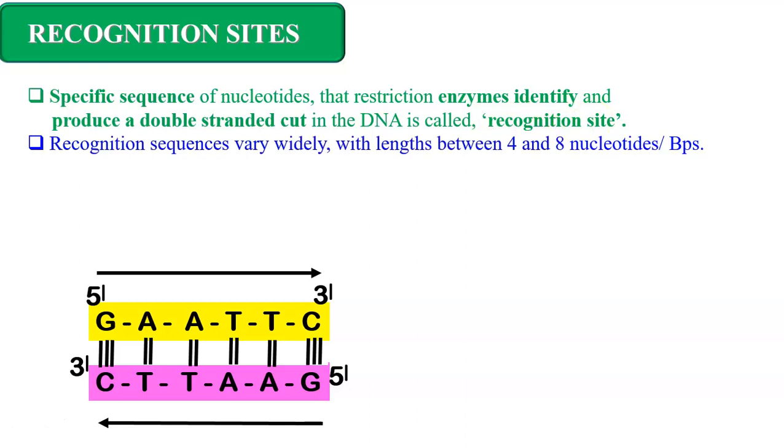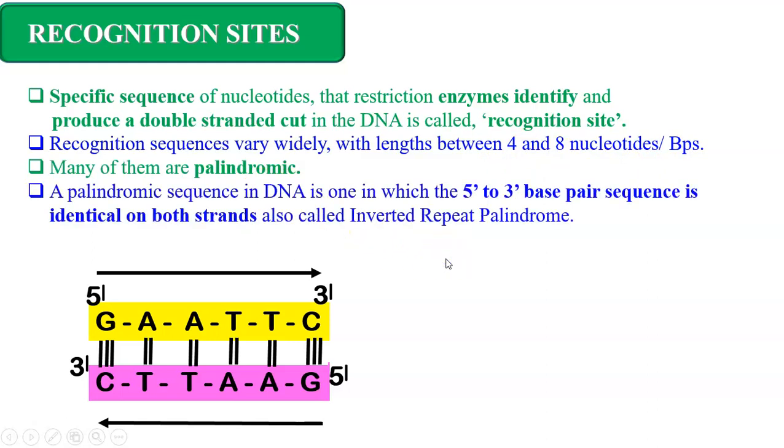They differ widely with respect to their length. They have 4 to 8 nucleotides or base pairs. Many of them are palindromic. What is the meaning of a palindromic sequence? It is a sequence in which the 5' to 3' base pair sequence is identical on both strands. Let us take this example here. 5' to 3' is this direction.